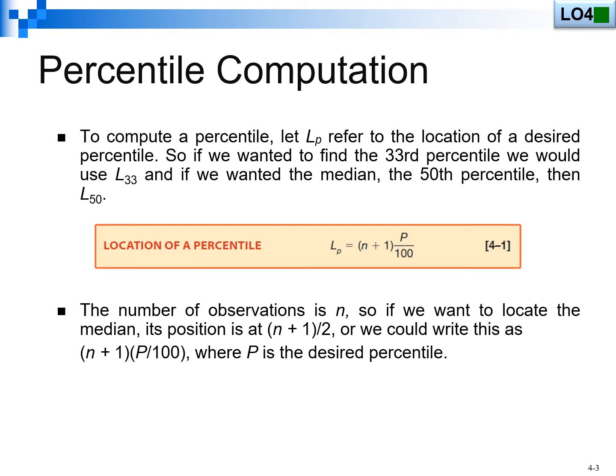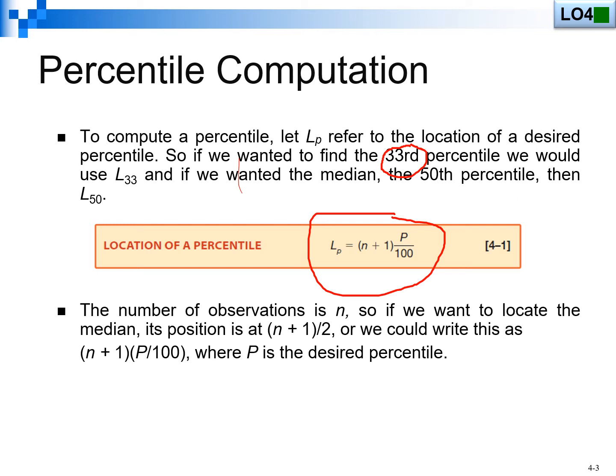So as you can see down here, here's going to be our formula on how to calculate a percentile. Excuse me, I like to use the red ink, so I changed the color. So notice down here you've got n plus 1 multiplied by p over 100. And percentiles always go from 0 up to 100. So if we wanted, for example, to find the 33rd percentile, depending on what our sample size was, we would plug in.